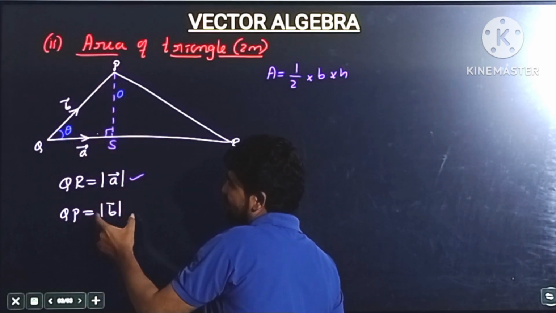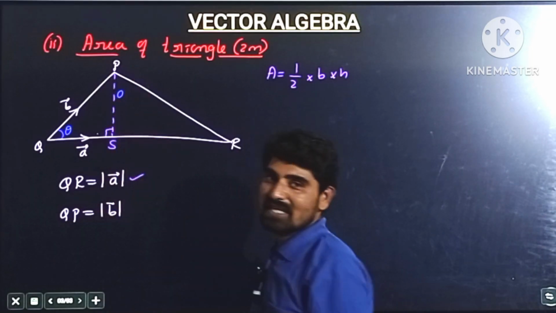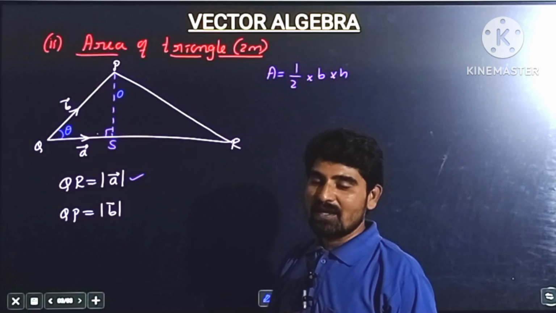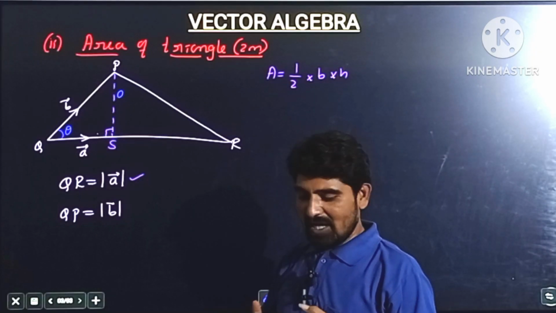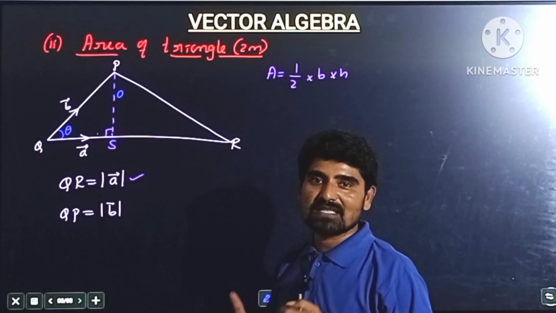hypotenuse is known, the length of hypotenuse is magnitude of B vector, but we don't know the length of the opposite side. When hypotenuse is known but opposite is unknown, to calculate the length of opposite, we use the trigonometric ratio, that is what? Sine.